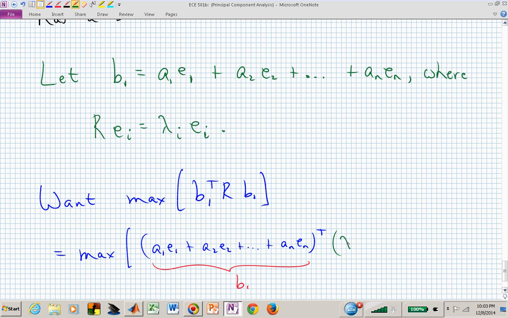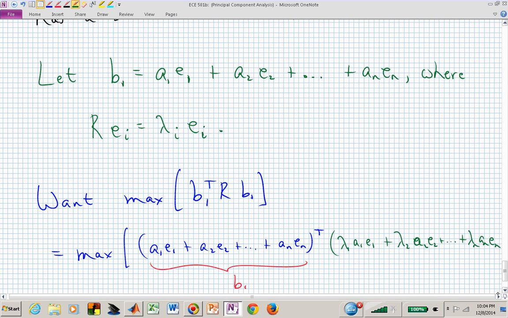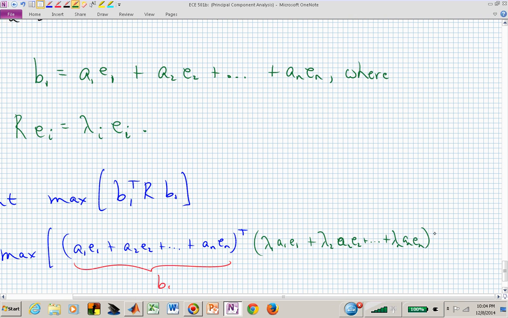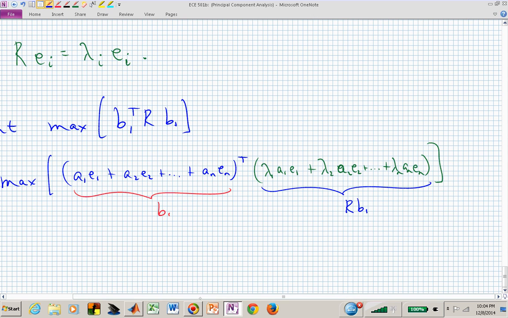So we now have lambda 1 a1 e1 plus lambda sub 2 a2 e2, etc., up to lambda sub n a sub n e sub n, which is actually R b1.